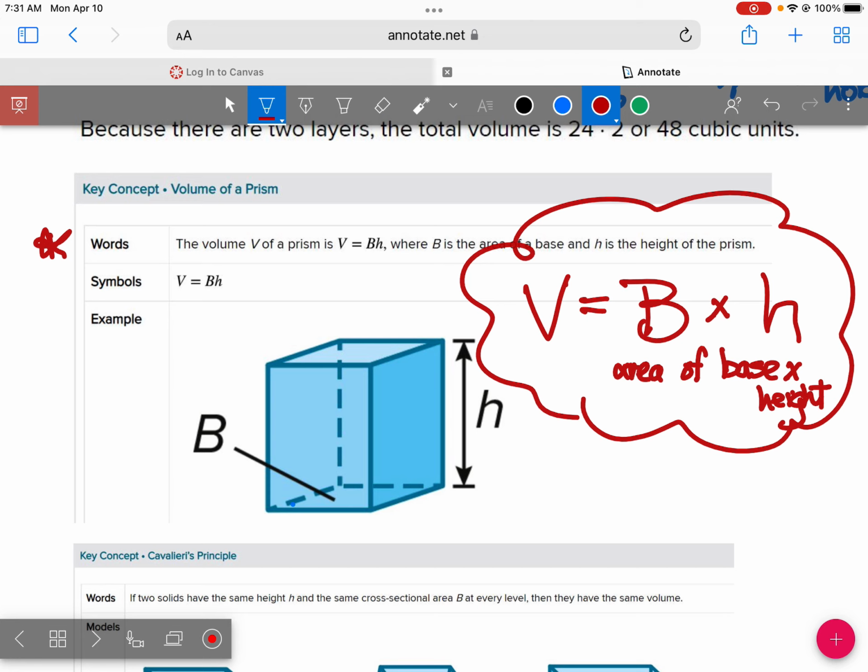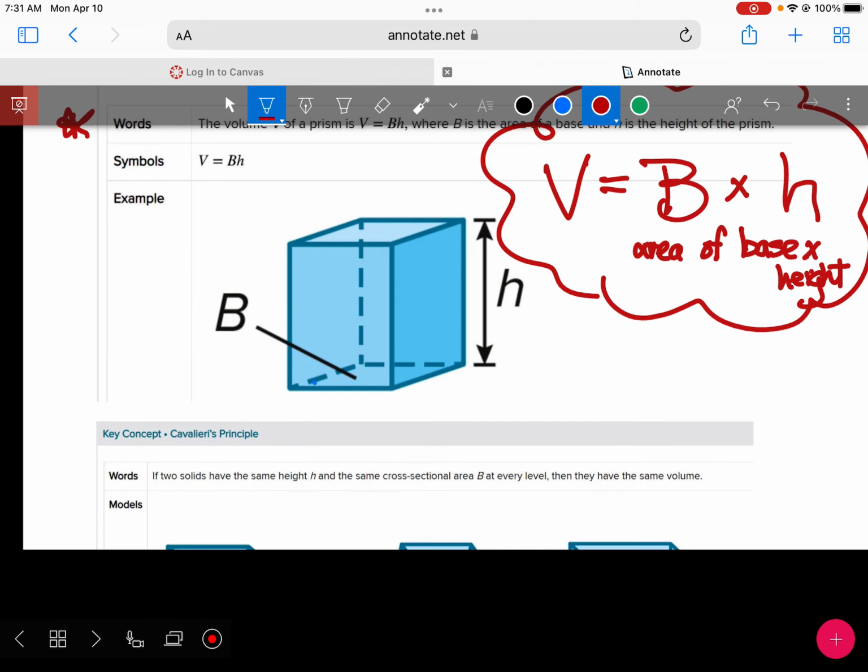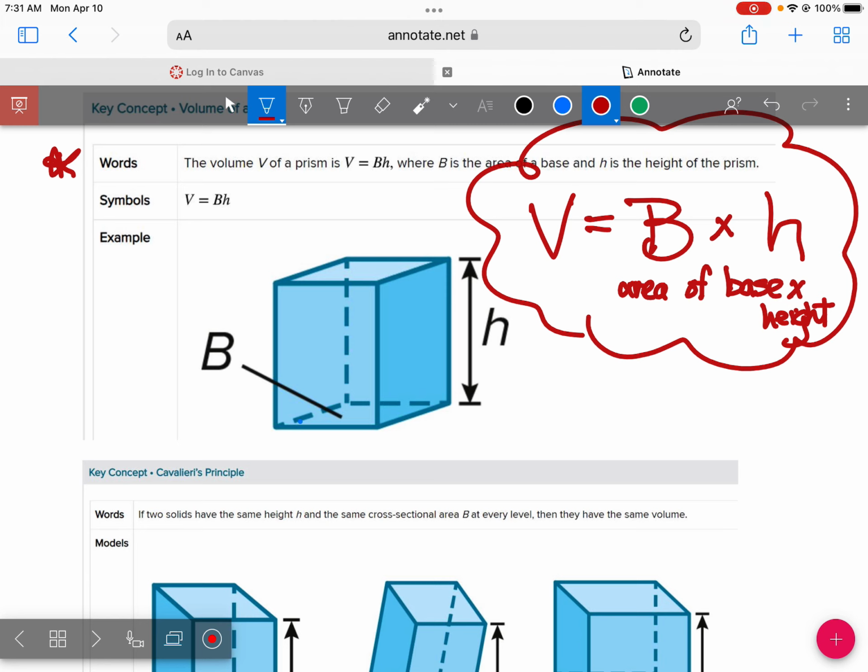Okay? So area of the base times height. Base is your bottom, and that capital B means the area of the base, whatever that base might be. In this case, it's a rectangle. Could be a triangular prism where the base would be in the shape of a triangle.